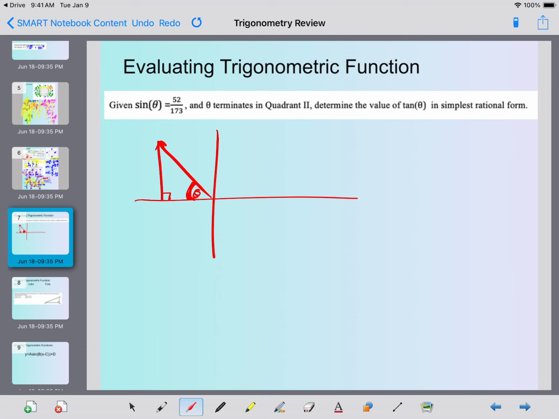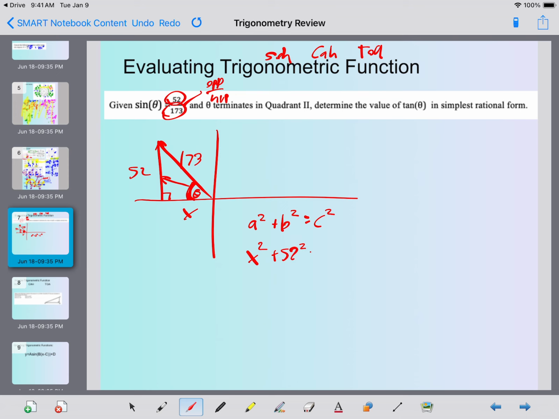And again, sine is opposite over hypotenuse, right? So, SOH CAH TOA. Our opposite is going to be 52. Our hypotenuse is going to be 173. Let's try to find the missing side. Since it's a right triangle, we could use the Pythagorean theorem. a squared plus b squared equals c squared. x squared plus 52 squared equals 173 squared.